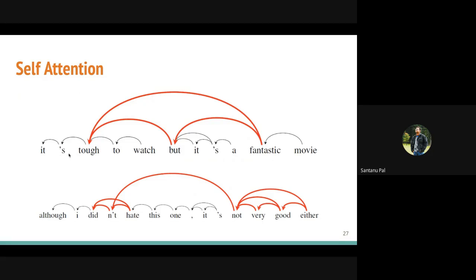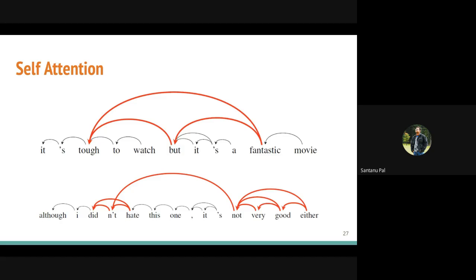In a different example, it sees the relations: this is related to the apostrophe, and though is related to the fantastic also. But it can also receive information from Bart, and Bart also receives information from fantastic. This kind of information can be provided across the sentence. If you train your neural network with self-attention, you can easily identify the relations between the words within a sentence.